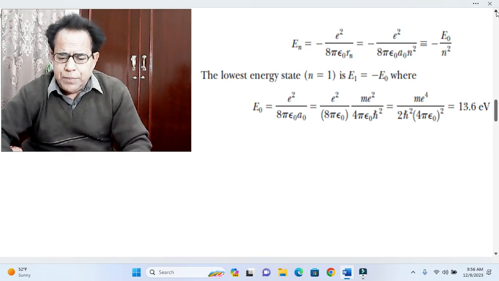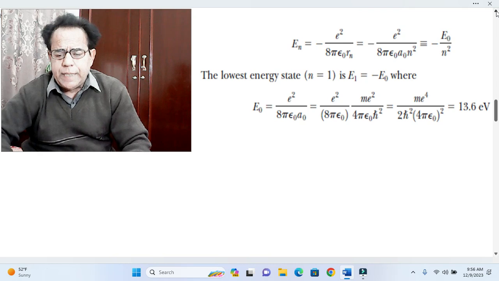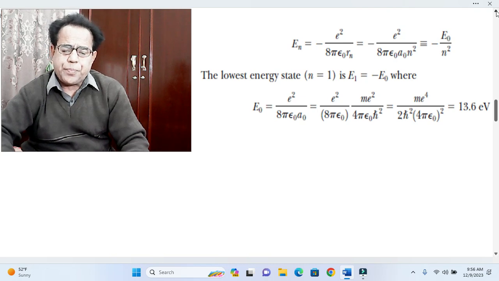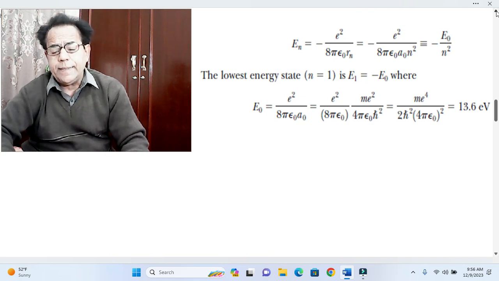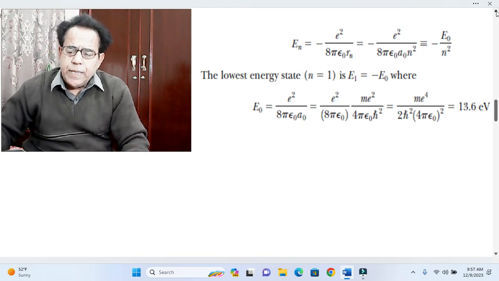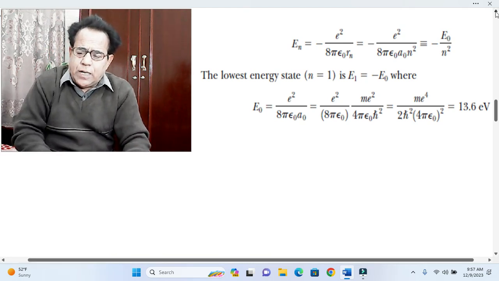This alternatively becomes equal to e square over 8 pi epsilon naught into 4 pi epsilon naught h cut square over m e square, which becomes equal to m e raised to the power 4 divided by 2 h cut square into 4 pi epsilon naught whole square, and this is equal to 13.6 electron volt.